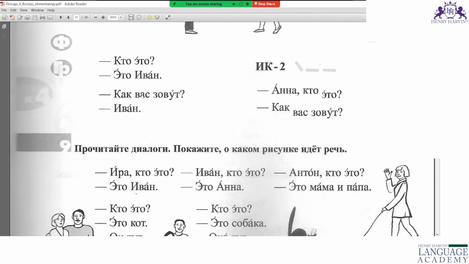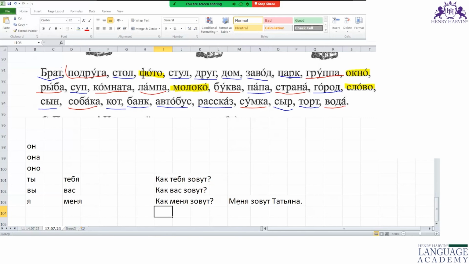All right. So как вас зовут Иван? Да? Как вас зовут Иван? Again, you can just say your name in the answer, or you can make the full sentence as I said here. Меня зовут Татьяна. Как вас зовут? Меня зовут Padmapriya. Or you can just say Padmapriya.